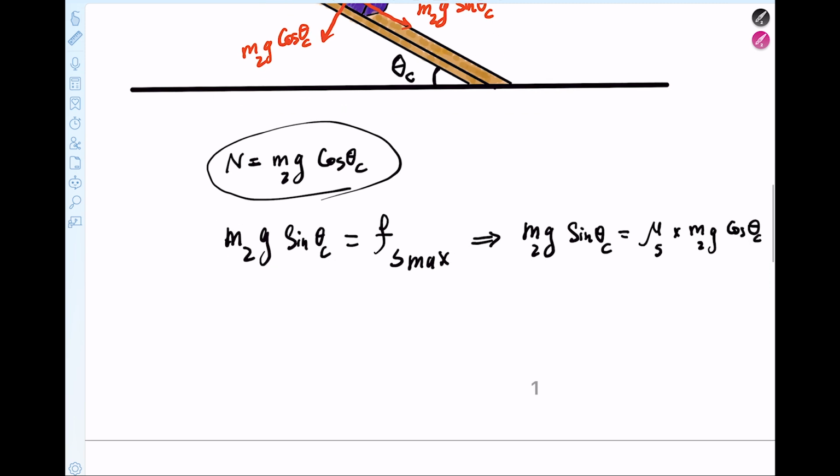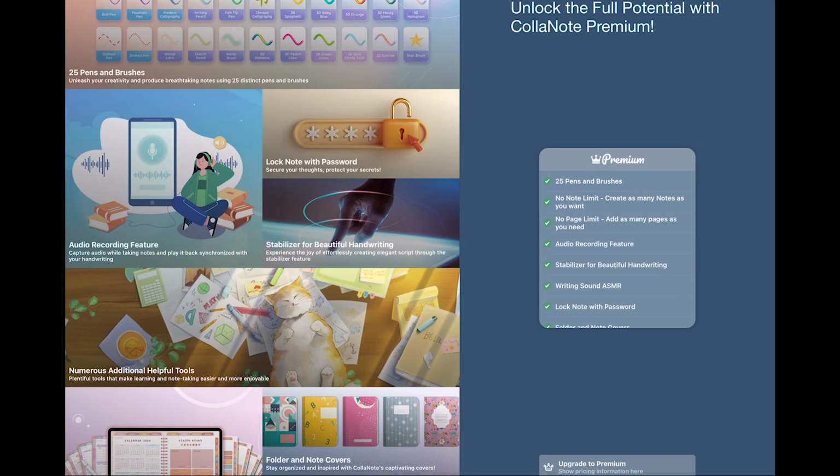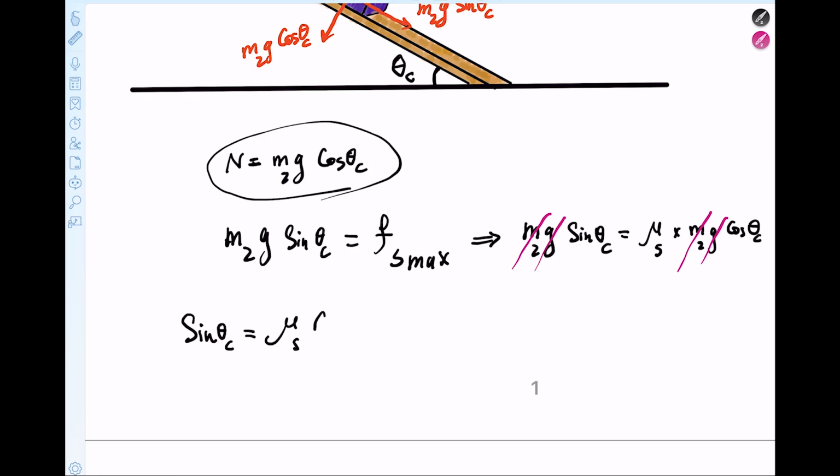If you do that, we can cancel stuff. It's very easy. I can cancel G with G and M2 with M2. So what I'm left with is something very simple: sine theta C equals mu s cosine theta C. Therefore, I can write sine theta C divided by cosine theta C equals mu s.